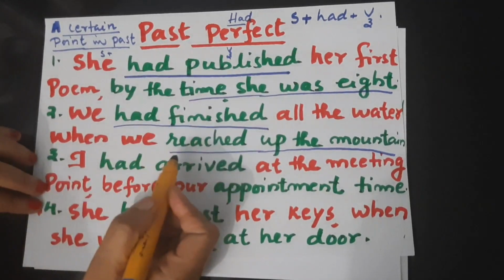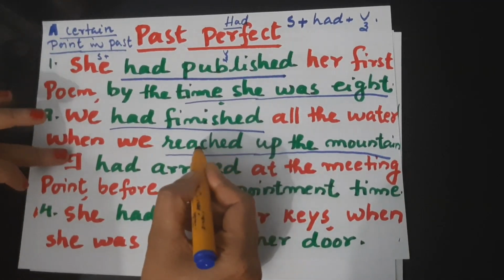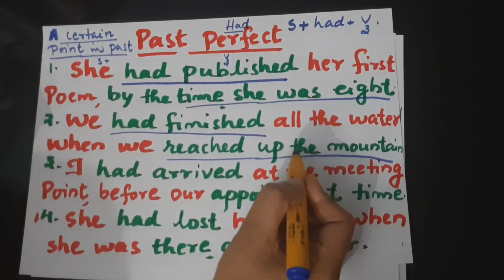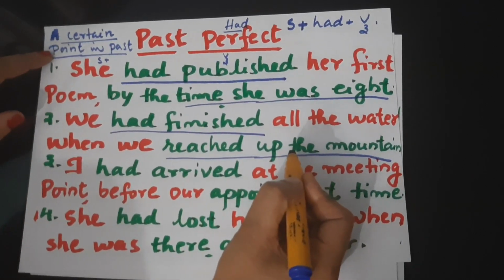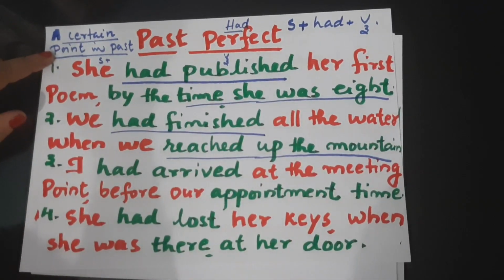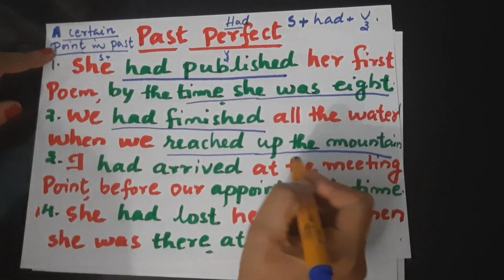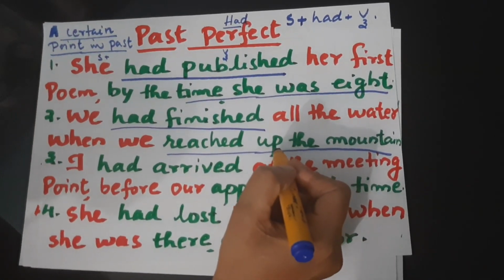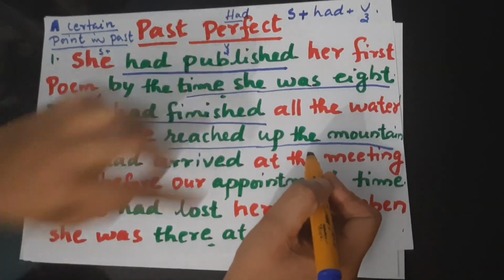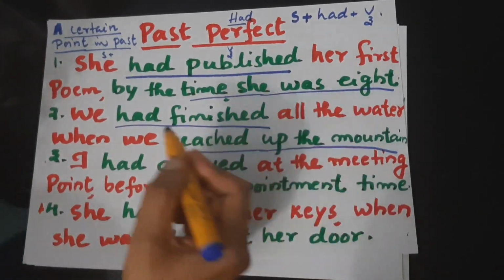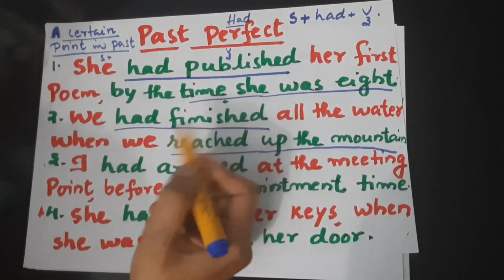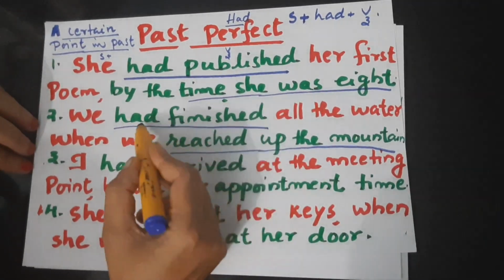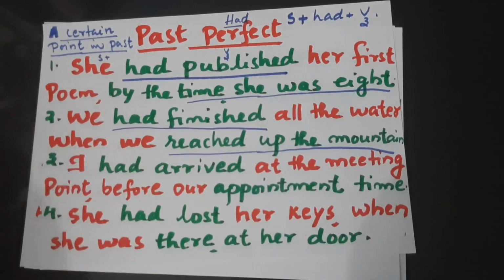So this is a particular point in the past: we reached up the mountain. Before that point of time in the past itself, we had completed another action. That is, we had finished all the water.